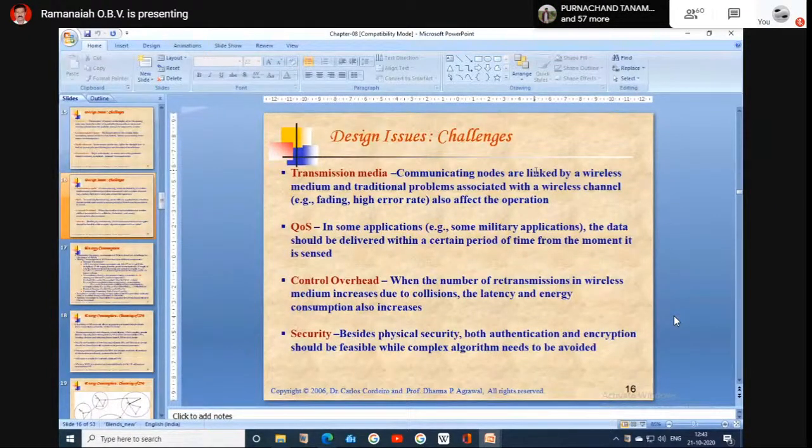So authentication. When some node is attempting to access the network, the first thing you should verify is whether the authenticity is there or not. Then, to ensure end-to-end security, it is better you have encryption, so that if someone taps the signal or the data being sent by a sensor node, because you are using encryption, it is not easy to break it and get the original information.